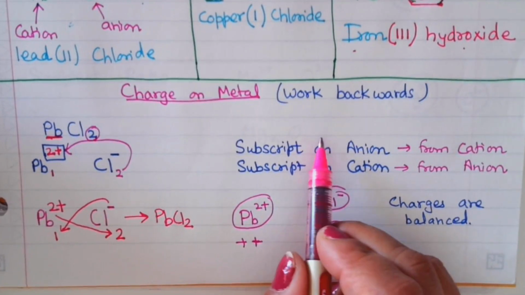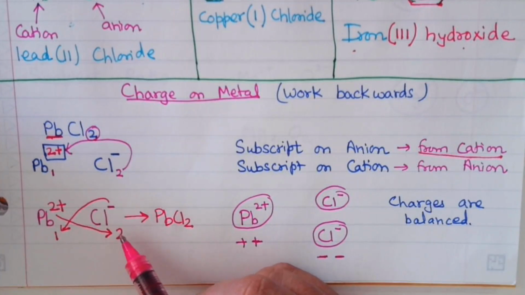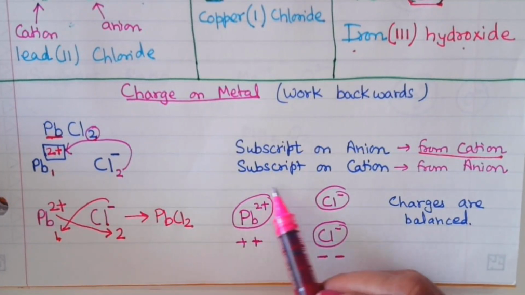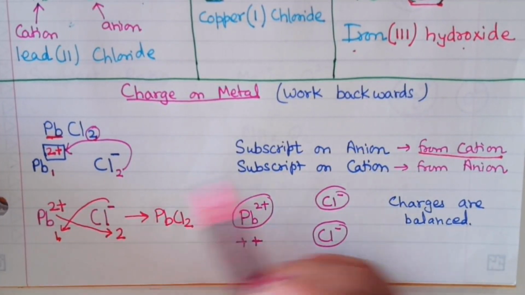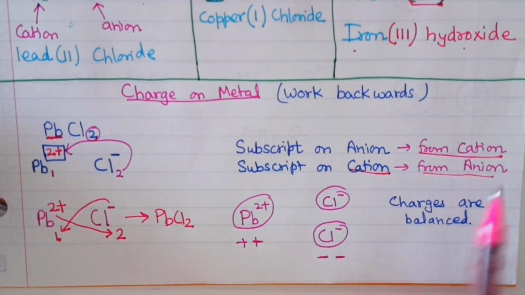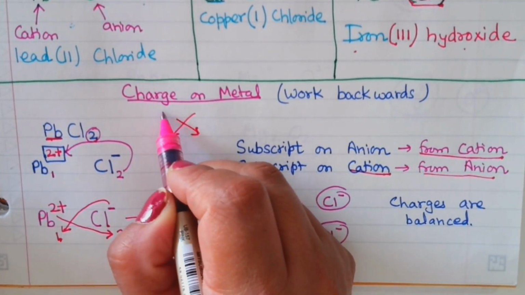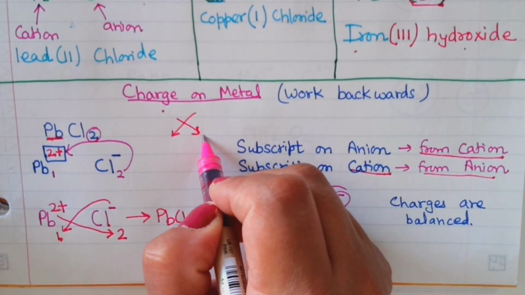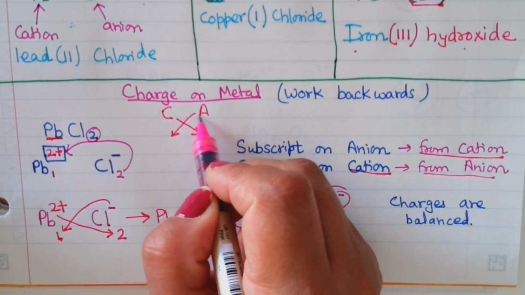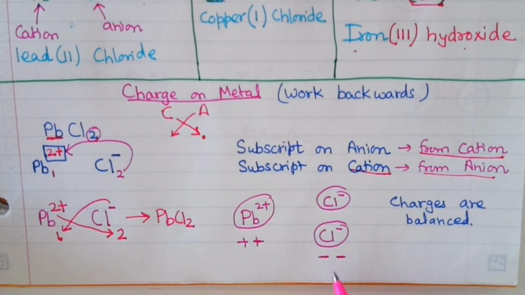The subscript on the anion comes from the cation, and the subscript on the cation comes from the anion. We do the crisscross like this, right? So this is the cation, this is the anion.